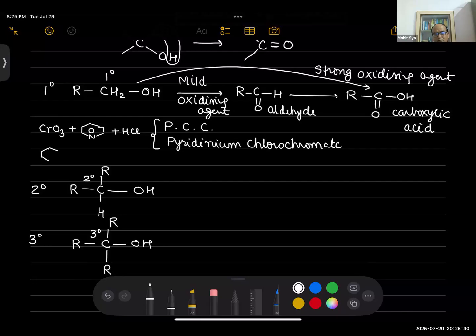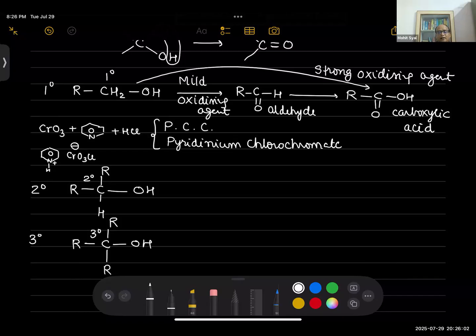So this is the formula. Either you can have that, pyridinium chlorochromate. Is it clear or not? Right. So it is a mild oxidizing agent.